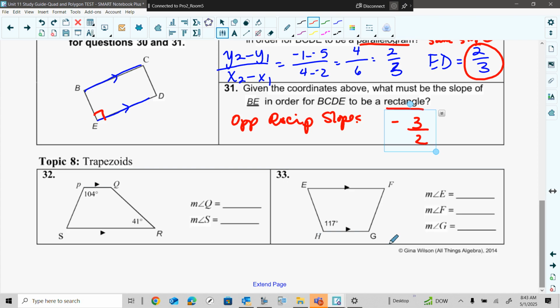Okay, on 32, they're showing the arrows. I see, got off here. They're supposed to be opposite here. This is non-isosceles, so you have to use consecutive angles equal 180. But on 33, the tick marks were missing. This is an isosceles trapezoid.